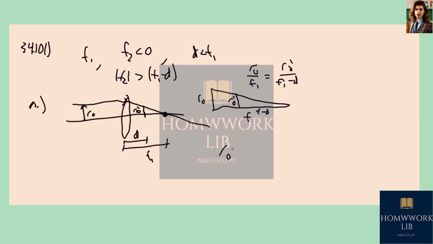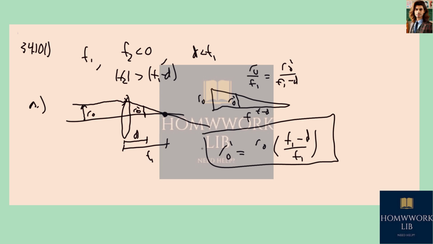Rearranging and solving for r0 prime, we get r0 times f1 minus d over f1, which is exactly what they wanted us to show. That was easy, just similar triangles. Let's move on to part B.